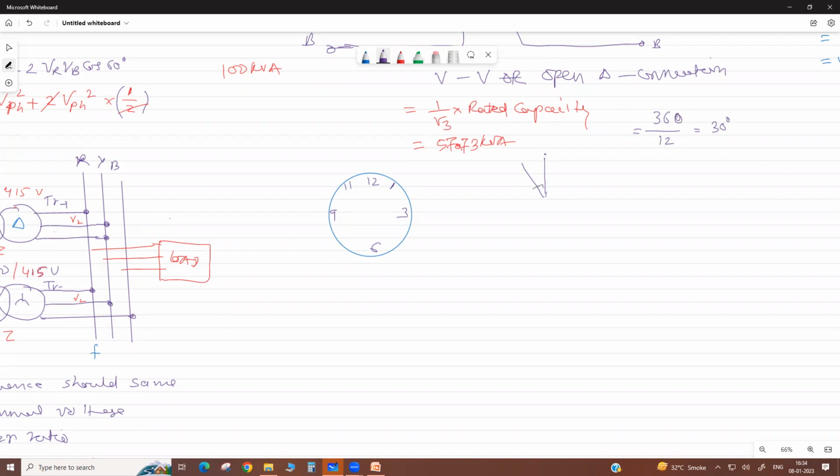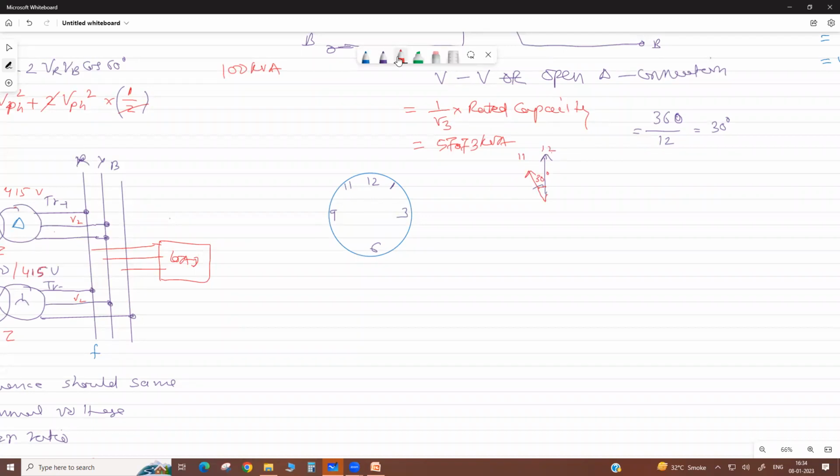So this angle between 12 and suppose 11 o'clock means your hour needle is at 11, and your minute hand is, this is the hour hand, this is the minute hand. So there is a 30 degree angle. Okay, it is called 11 o'clock.